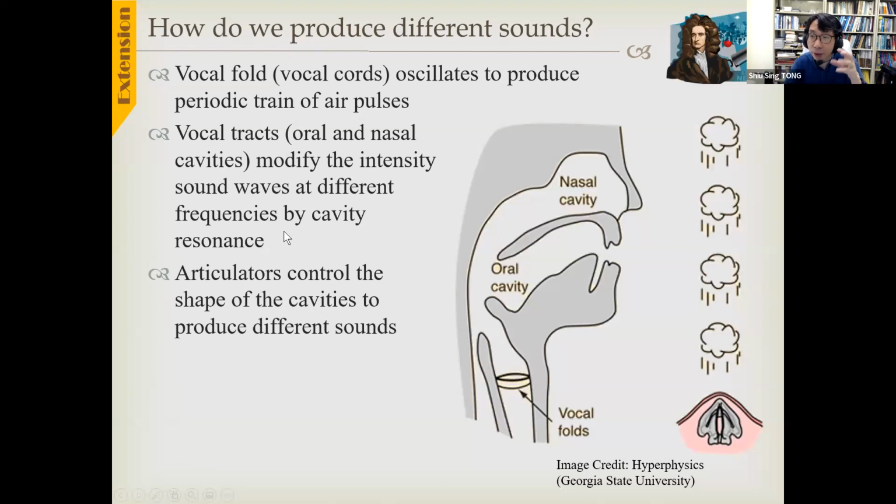That's why you can produce different sounds. It is not because the vocal cord can change the frequency, but because when you speak, your mouth can change shape, and your nose can change shape, just a little bit for the nose. All those changes give rise to different resonant frequencies, and so it amplifies some of the frequencies and suppresses the others. That's how we are able to produce different sounds.